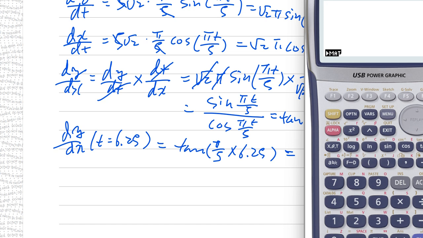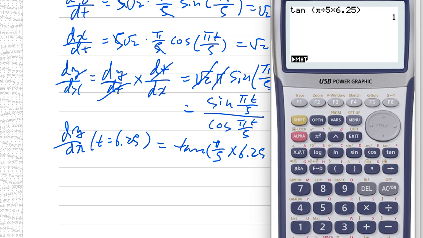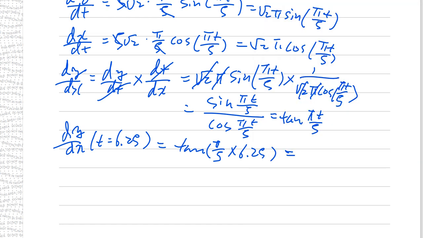Yeah, that's right. Now it's better. So tangent of pi over 5 times 6.25. Okay, so that means this is 1.